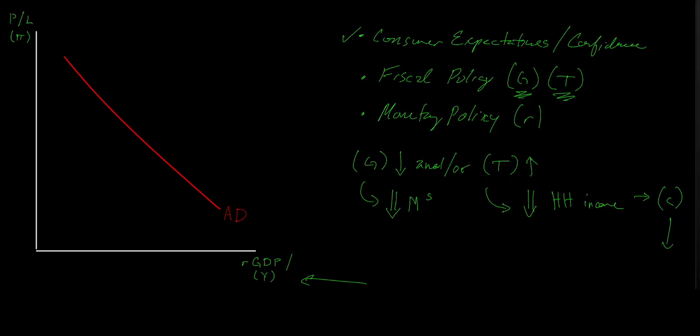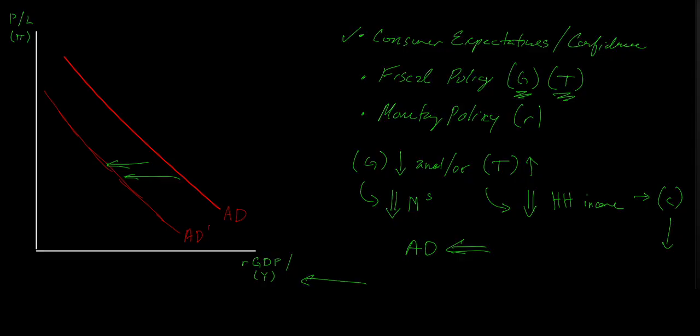So what happens here, same as the last scenario, our aggregate demand curve is going to shift inward to there. So AD is going to shift inward.